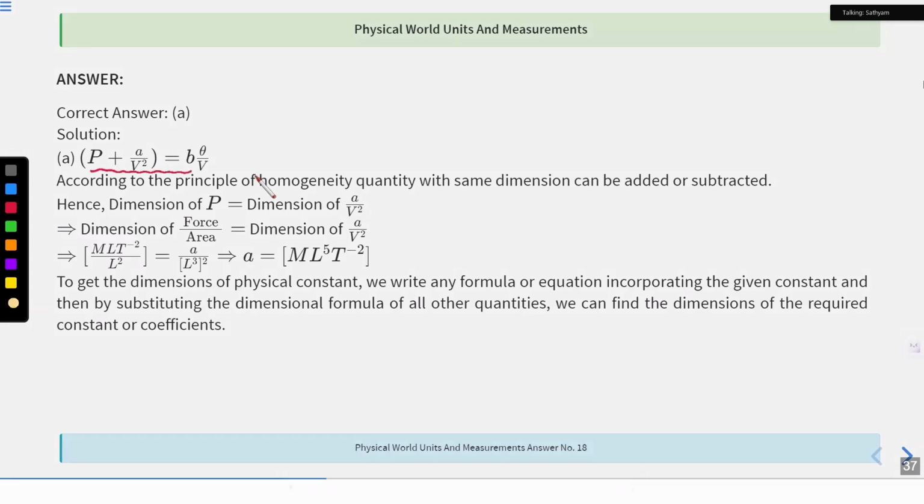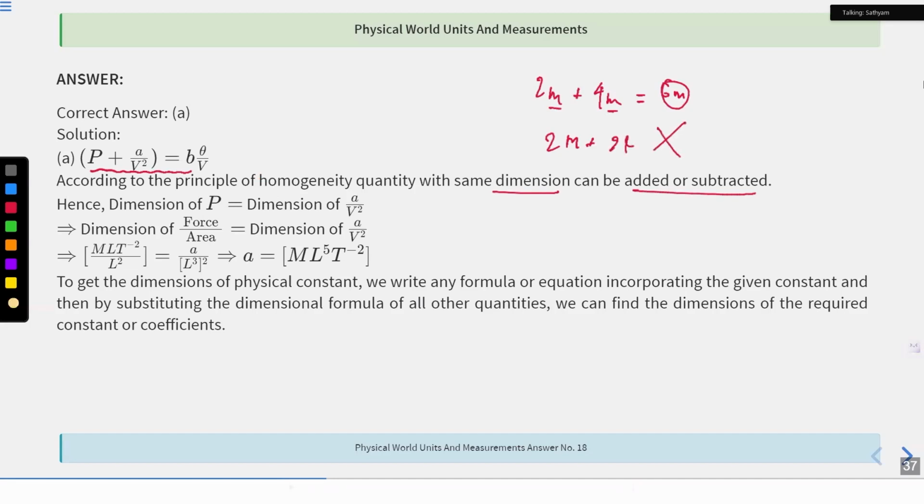According to the principle of homogeneity, quantities with the same dimensions can be added or subtracted. If you have the same dimension, you can add or subtract it. Say you have 2 meters. If I tell you I have walked 4 more meters, what are you going to do? In total, I'm going to add this, right? I'm able to add because both have the same dimensions, correct? I cannot add 2 meters plus 2 liters, right?